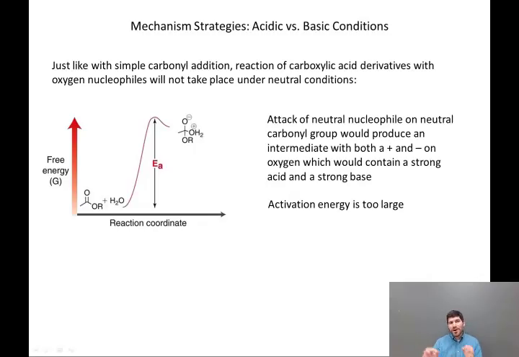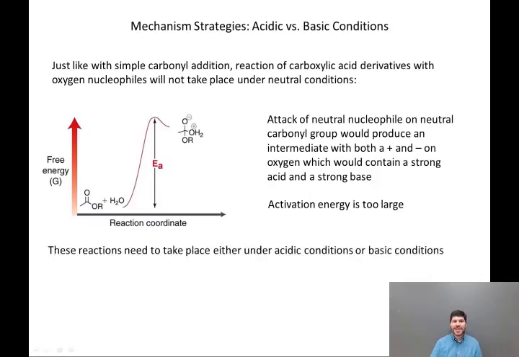Furthermore, the positively charged oxygen is a strong acid, and the negatively charged oxygen is a strong base. We are not going to take two neutral compounds and generate an intermediate with a strong acid and a strong base in close proximity. In short, the activation energy for this process is just too large.